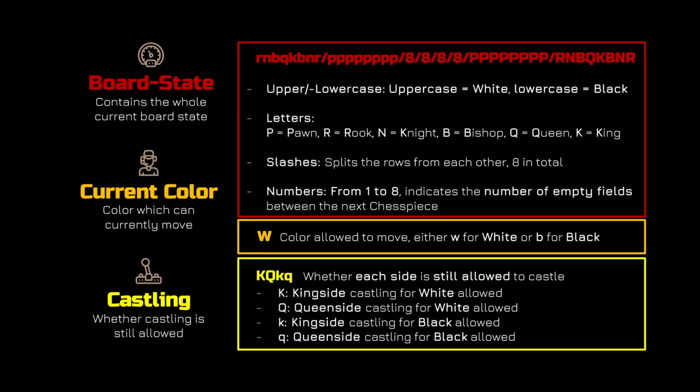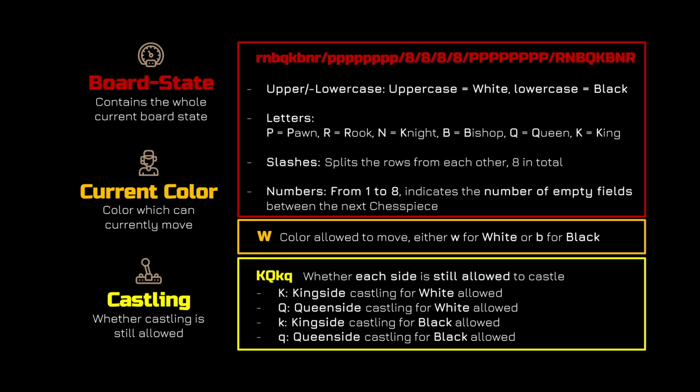So P equals pawn, R is the rook, N is used for the knight, B is the bishop, Q is queen, K is king, and that's all six options we have on the field. You can see there are also slashes inside the string, and that's simply the rows. So the slashes split the rows from each other, which is why we have 8 rows in total.